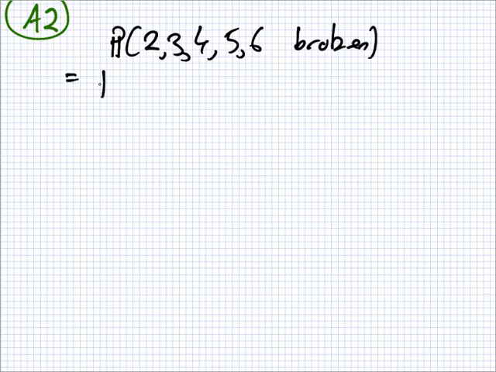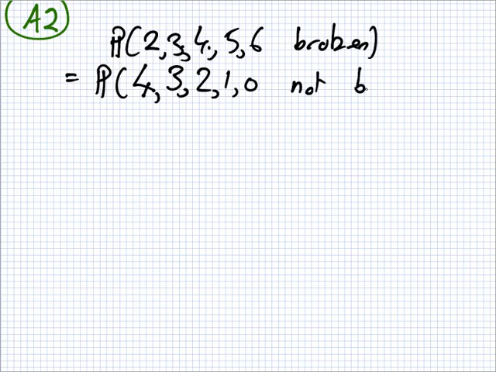If 2 of them are broken, that's the same as 4 of them not broken. If 3 of them are broken, that's the same as 3 not broken. 2, 1, 0 not broken. So that's the probability.